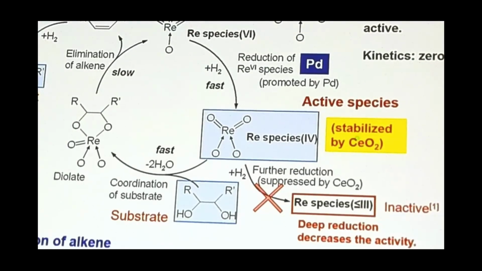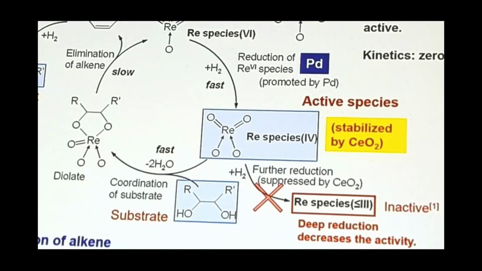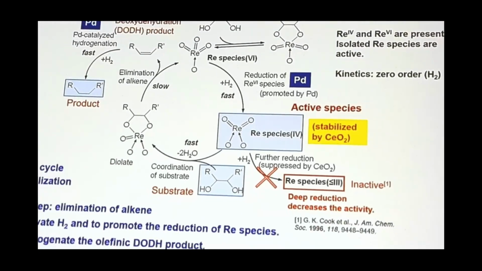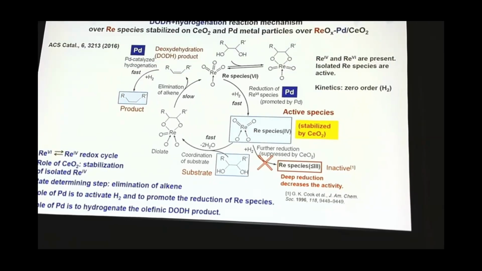And the very important point is that the rhenium 4+ species is stabilized on ceria surfaces. This is connected to the suppression of the further reduction of the rhenium species, for example, to 2+, 3+, 0, and so on.